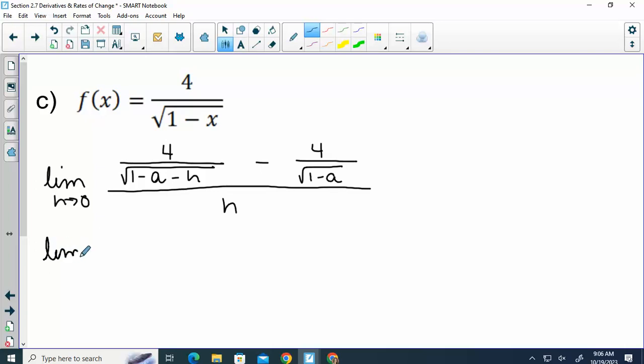So, to get my common denominator, we are basically going to multiply this one by radical 1 minus a on top and bottom. This one, we get the radical 1 minus a minus h. And my denominator would now have both of those.